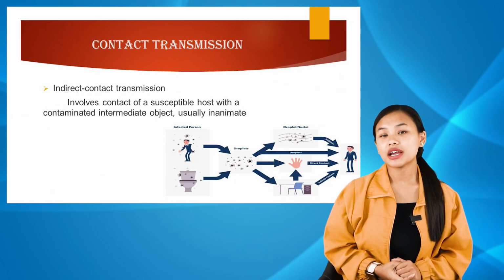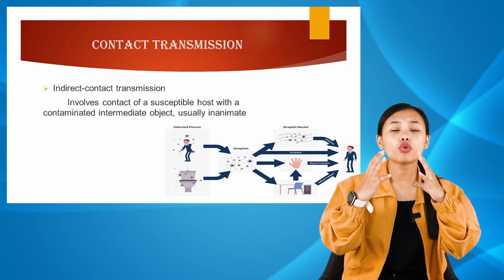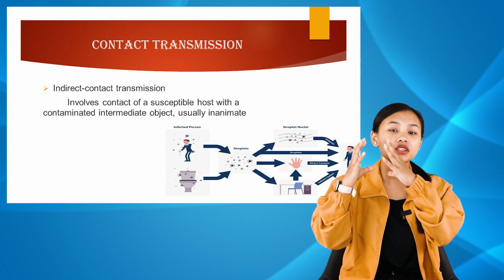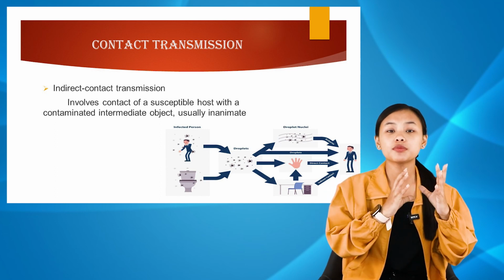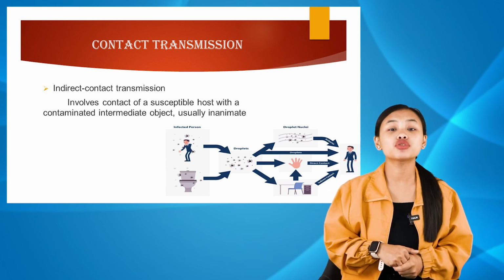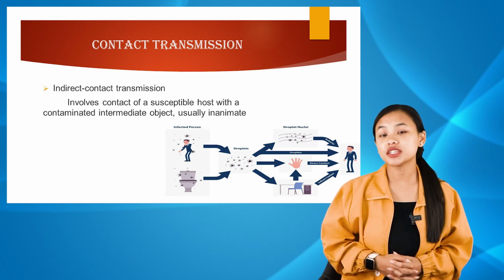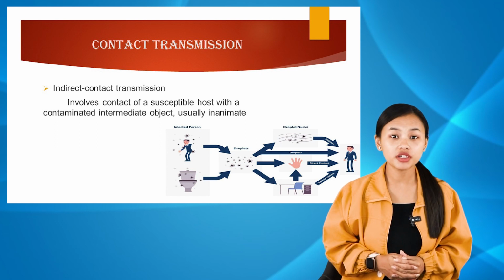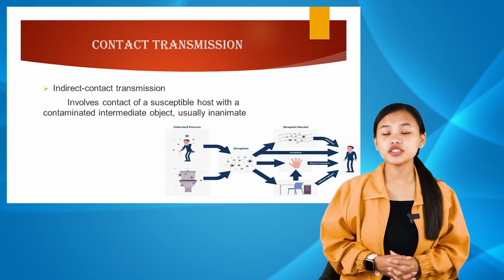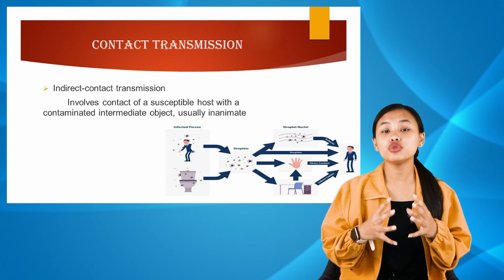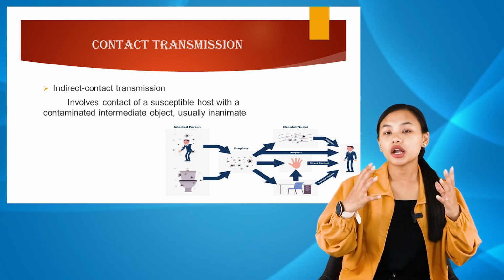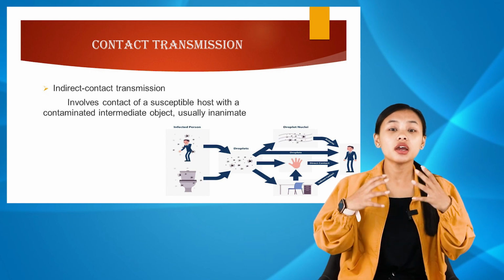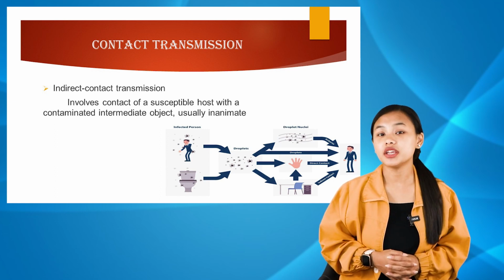Whereas indirect contact transmission is the process whereby this microorganism will be transmitted from the infected person to the susceptible host, not directly but through the use of various contaminated intermediate objects, usually the inanimate, such as sharing the use of patient devices, contaminated instruments, needles, dressings, as well as the use of contaminated gloves.